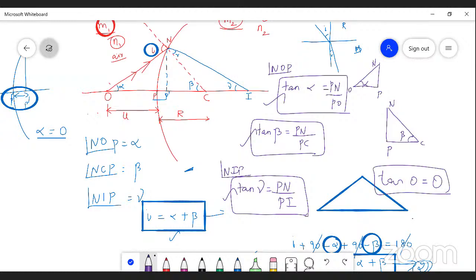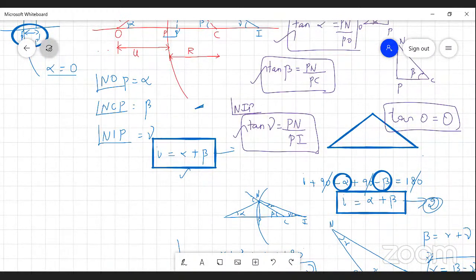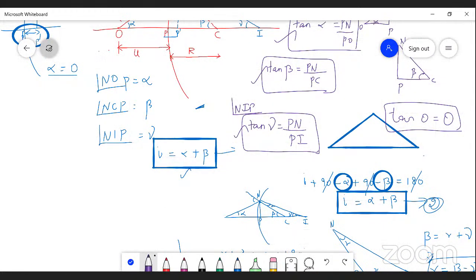That's why, for convenience, tan alpha is equal to PN divided by PO, so alpha is equal to PN divided by PO, and beta is equal to PN divided by PC.